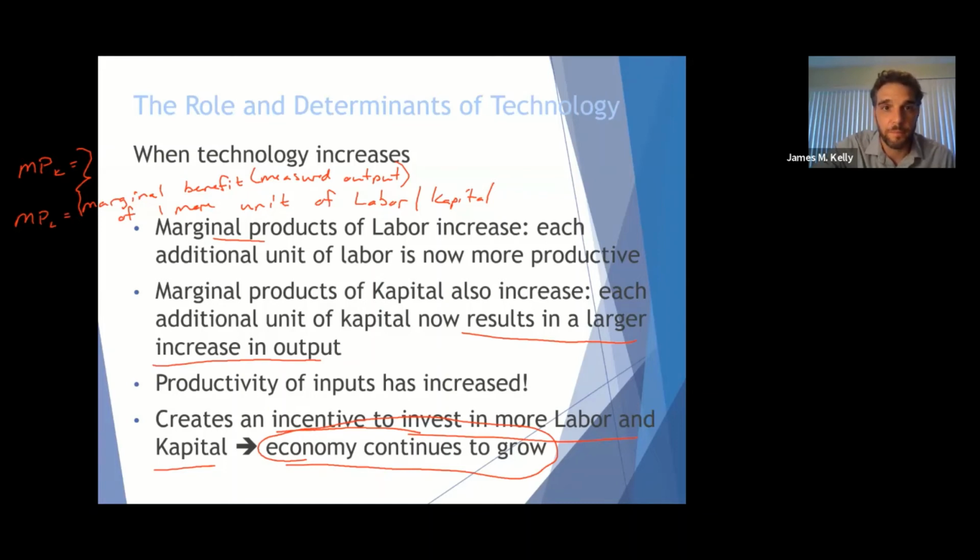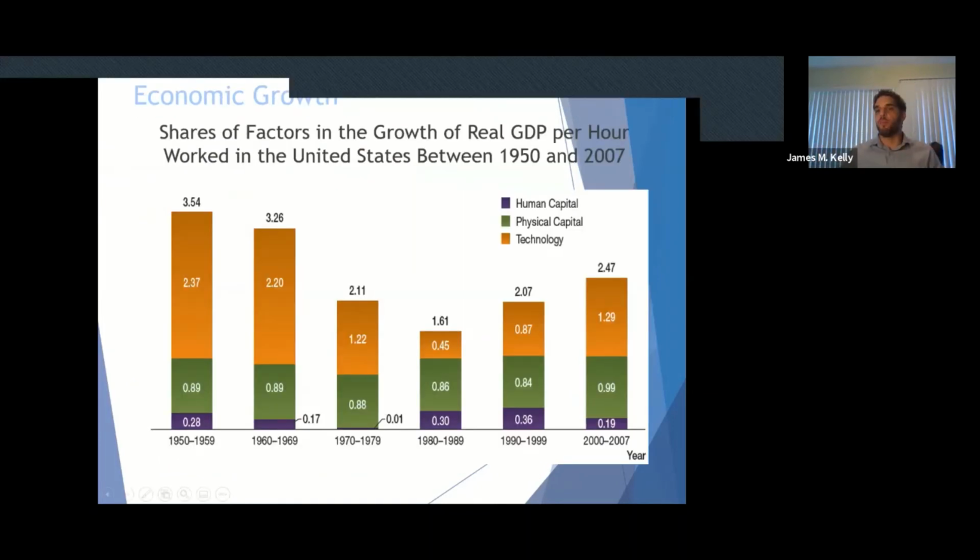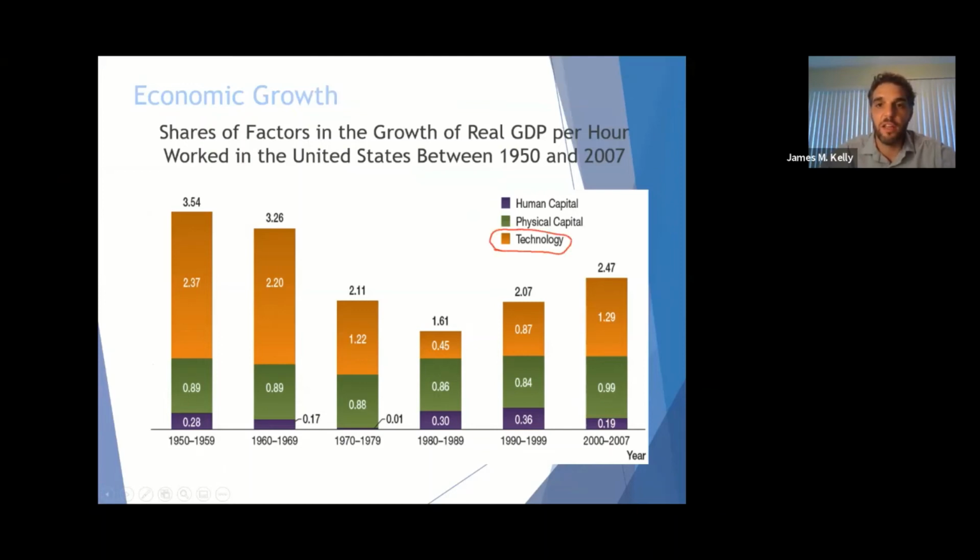And so when we look at a breakdown of where our real GDP growth has come from over the past 70 years, we see that a lot of the growth comes from technology improvements, from just getting better at turning our inputs into output.